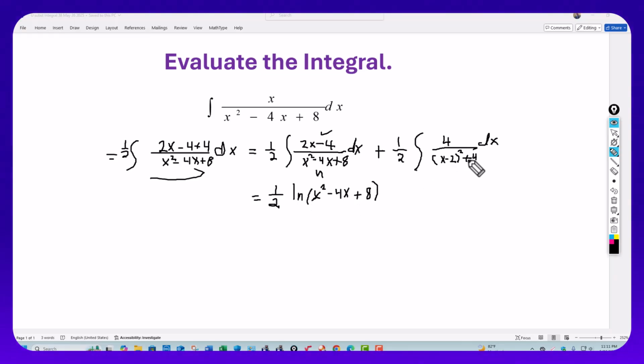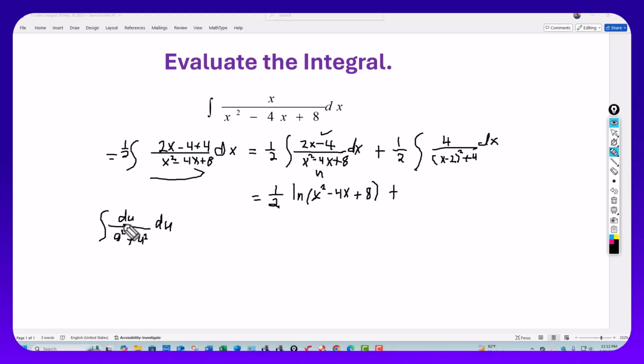Now for the second one here, this is where we're going to use the inverse tangent. It's in that form. We've used this formula in several videos. If you have du over a squared plus u squared, anything you can write in this form, you can have a constant here and just take it outside the integral.